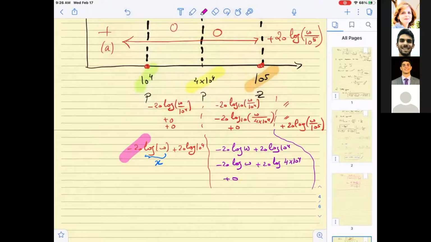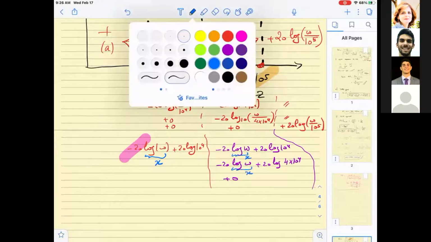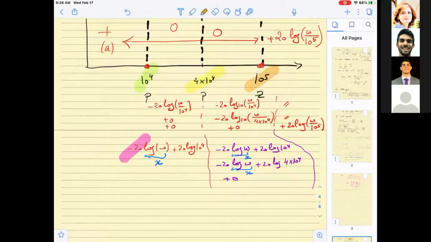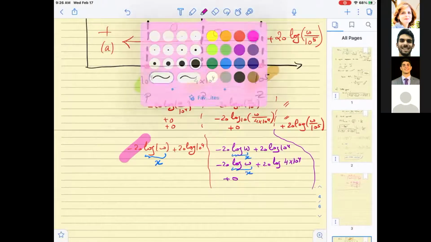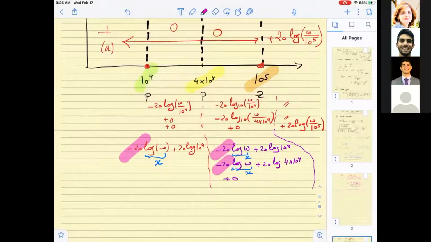If I consider omega here as x, like we considered before, log omega is x. What is the coefficient here? What is my coefficient here? Minus 40x plus something. Okay, so what do we notice?